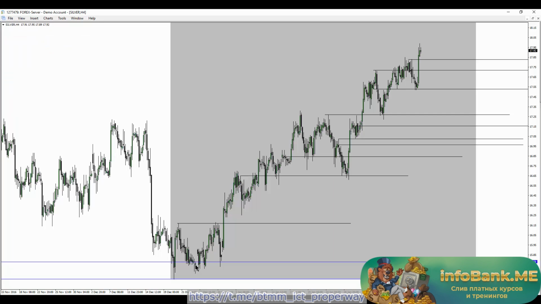We have this down candle, price hits it, rallies. Two down candles in here using the bodies, not the wick. Hits it, rallies. Down candle right in here. Hits it, trades away, creates a new high.